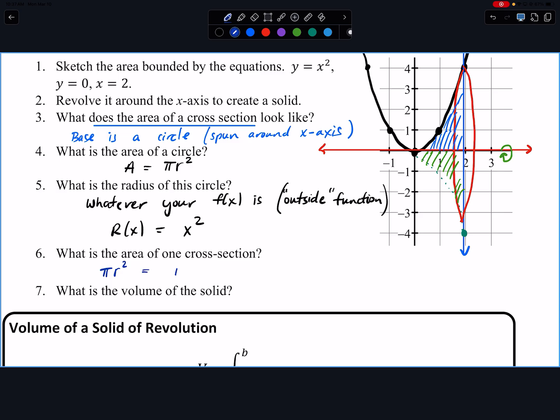So it's going to be pi times our radius, which is capital R of x squared, which is equal to pi times, what was our radius? X squared. And then do you guys agree I could simplify that if I want to?